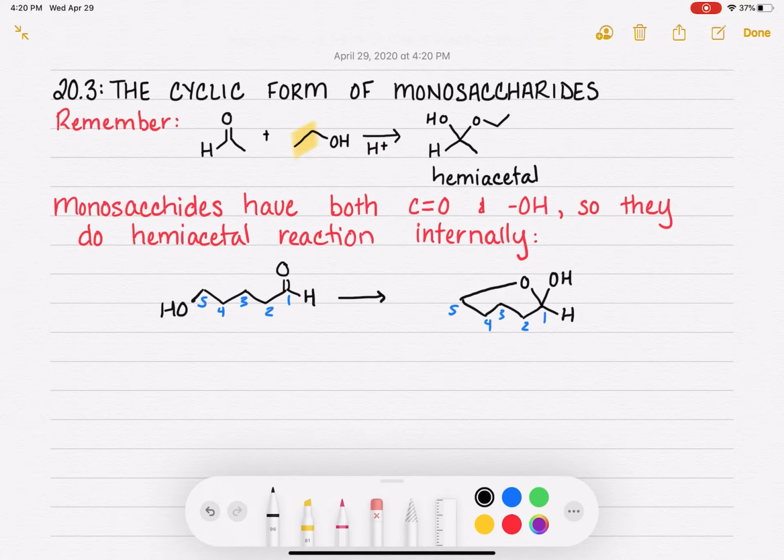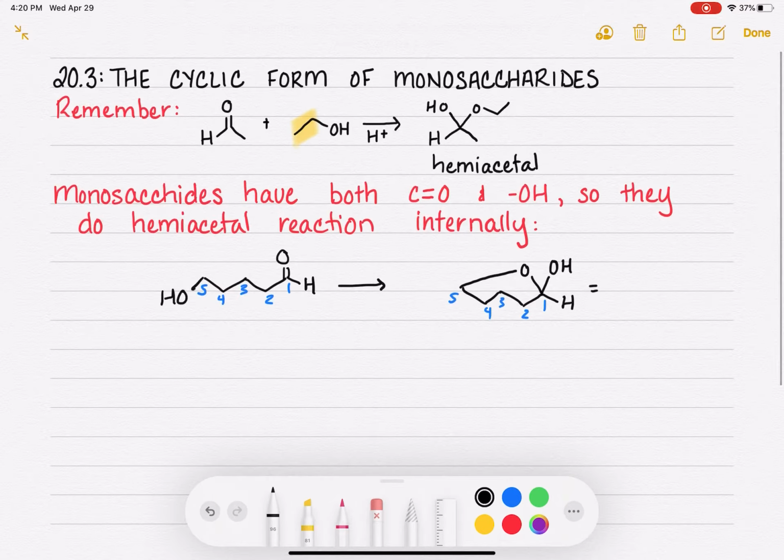So it looks really weird the way that this has been drawn, but we could, if we wanted to, draw this prettier. It's a 6-membered ring. It looks like this. And it's really kind of hard to visualize how all of this happens. Let's put a number on that oxygen so you can see that all together.